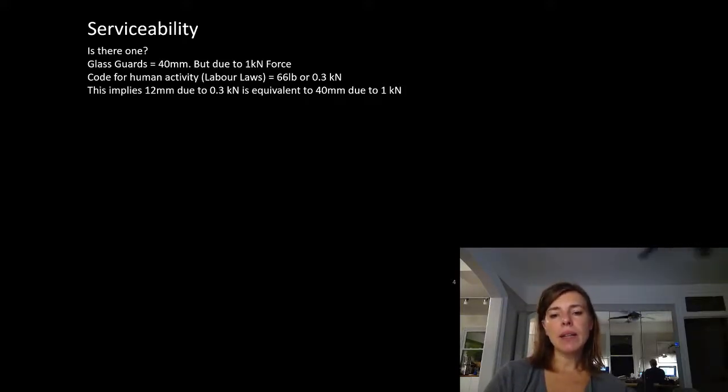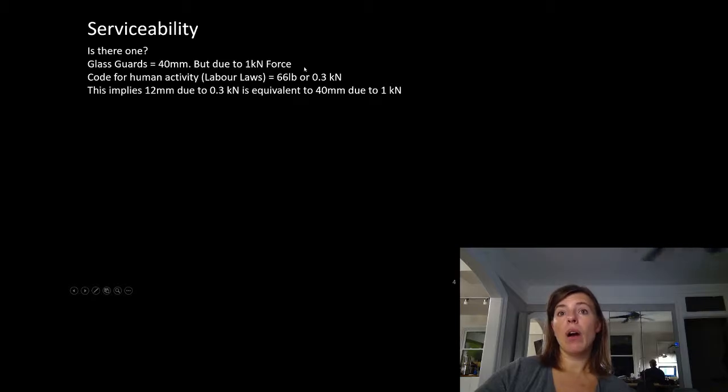And typically when that happens, for a 1 kilonewton point load, I'm often getting deflections of 8 to 12 millimeters. So, well under that 6 millimeters if we were talking about our 0.3 kilonewton movement.